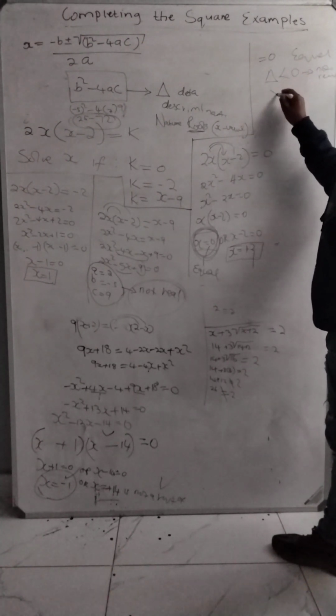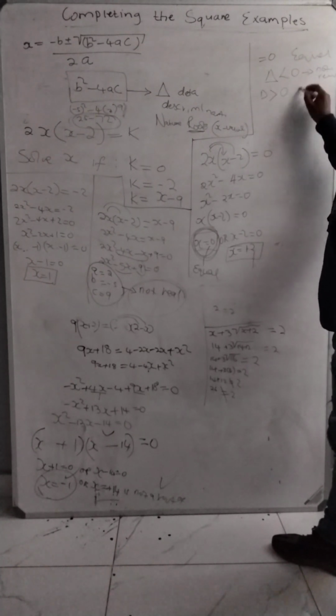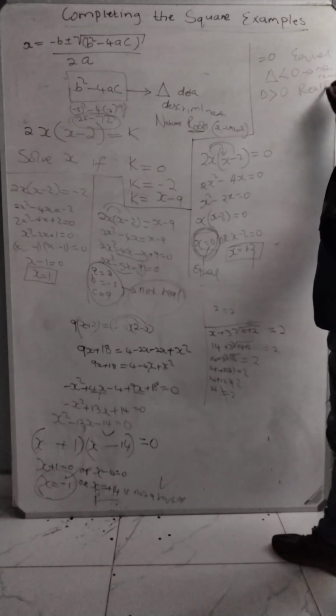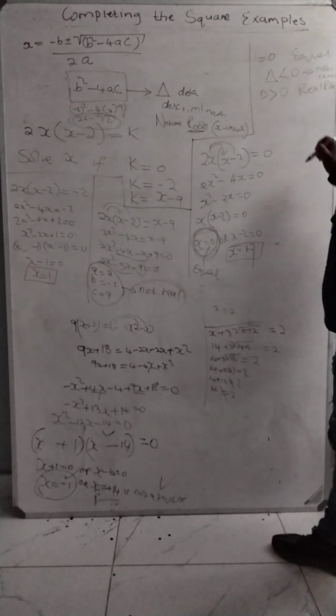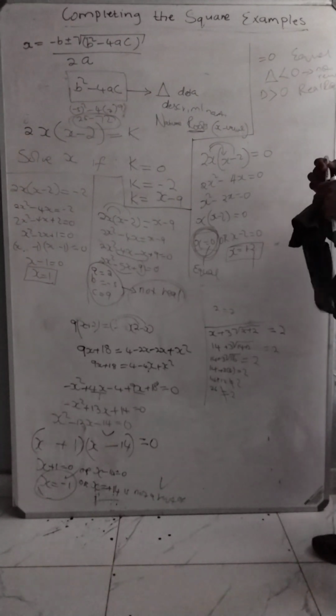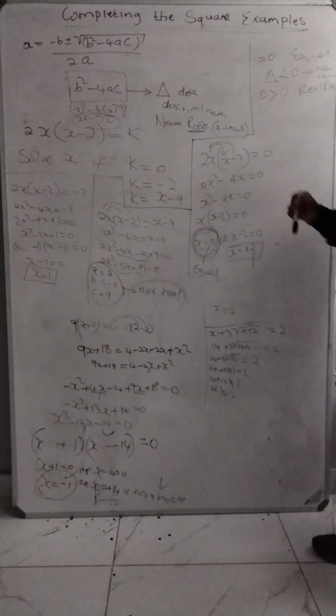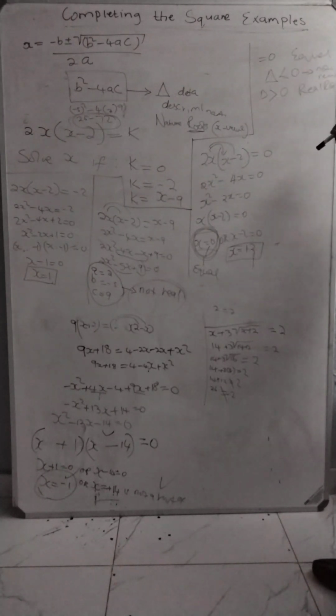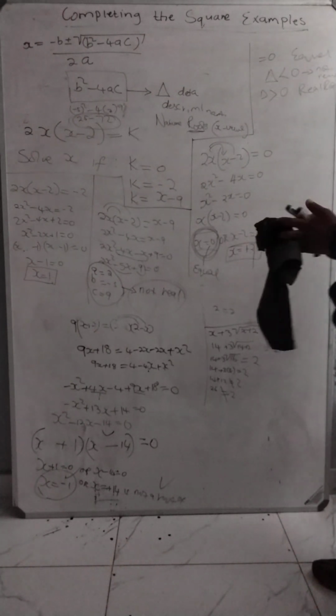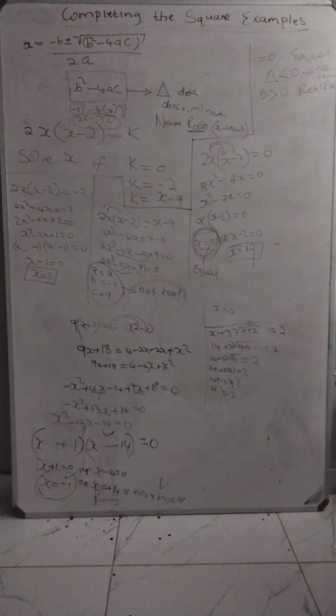When your discriminant is greater than 0, then you have real roots. Okay, you have real roots. We will revisit this part in more detail.